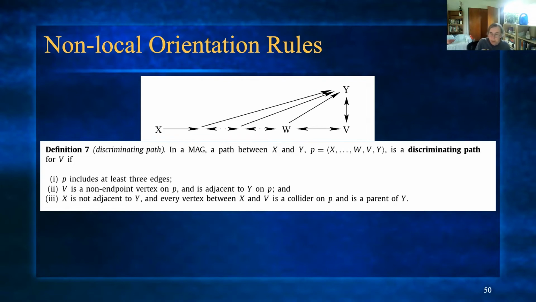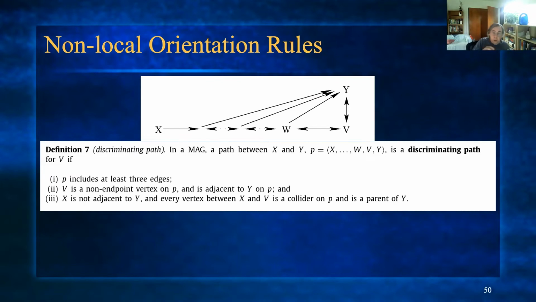So if we want to know whether A and B are adjacent, all we have to do is to look at the independencies of A and B conditional on a subset of variables adjacent to A or a subset of variables adjacent to B. You never have to go far afield to get extra structural information, to get the existence of an adjacency.